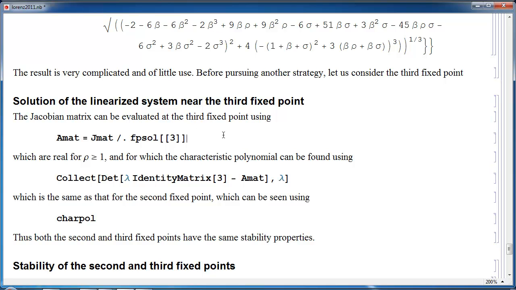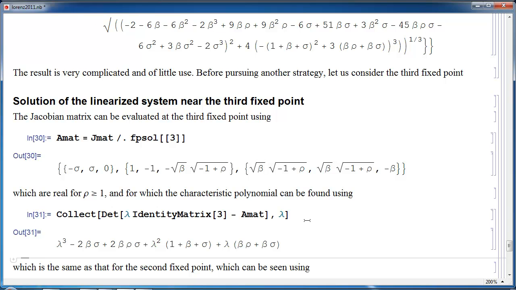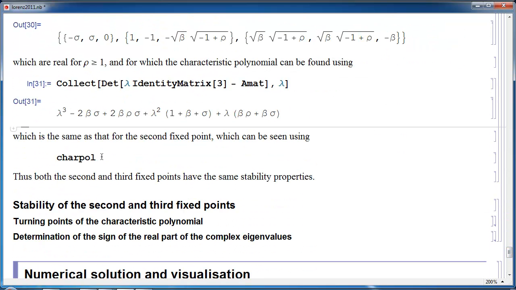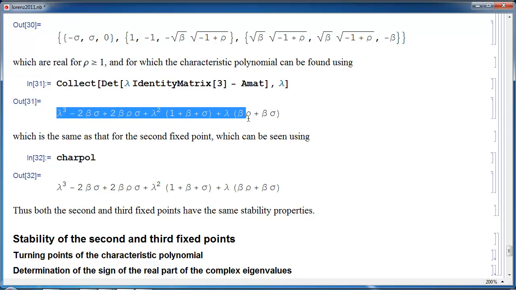We calculate the Jacobian matrix at it using this, and then the characteristic polynomial, and we can compare that with the characteristic polynomial associated with the second fixed point, and if we look at those carefully, we'll see that they're the same. So in other words, the third fixed point will have exactly the same properties as the second one.